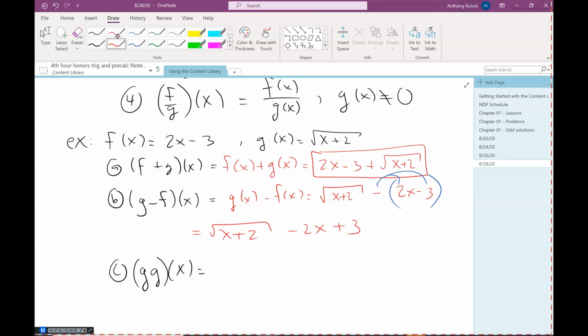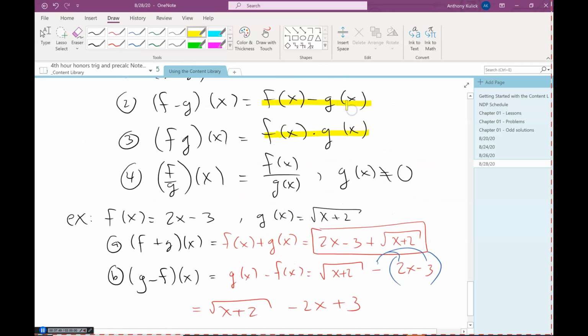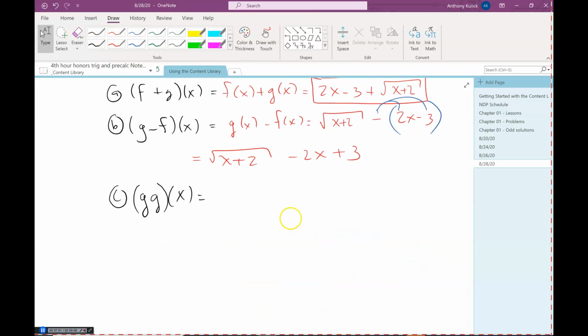Okay, g times g of x. Well, again, if I use my definition from before, that's just going to be g of x times g of x. And g of x is the square root of x plus 2. Everybody's okay there?